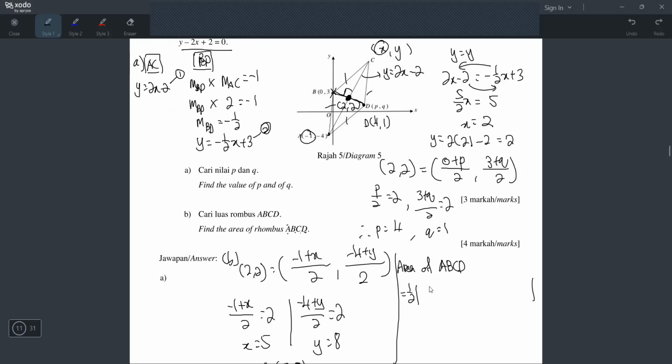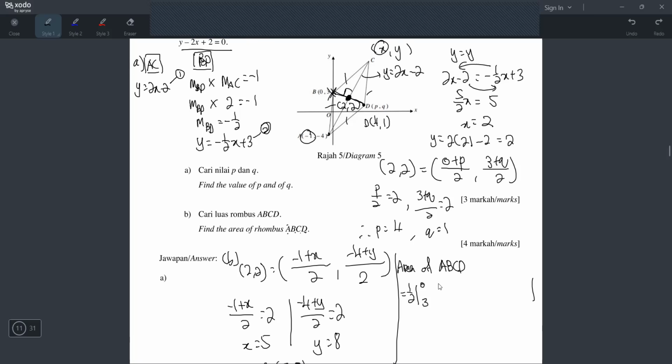After you start with 0, 3, make sure the next one you don't write 4, 1. Don't do that, because I'm finding the area for this. You have to make sure the next point is connected. So you either write C or you write A, but you cannot write D, because if you write D, later you will go like this and then like this, and you will get something like this. So it's wrong already. So make sure you go from B, and after you write B, you can write either C or A, right?